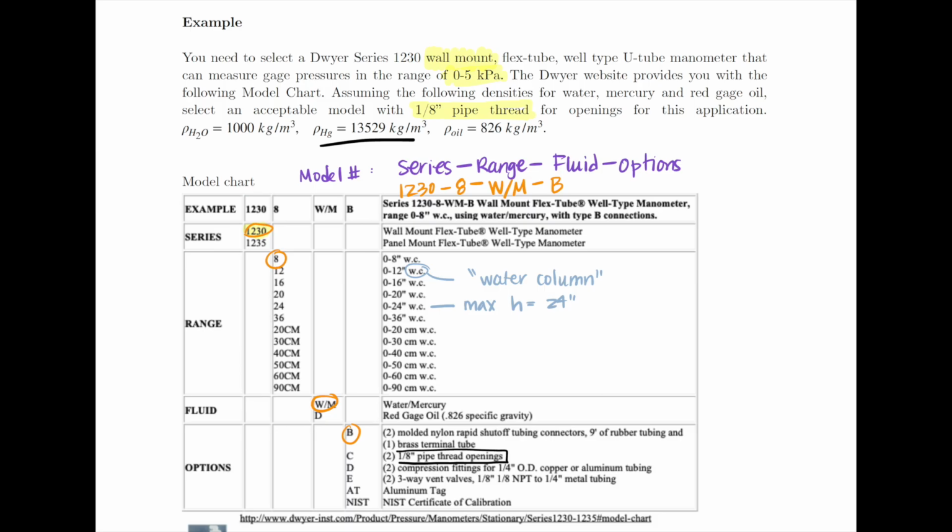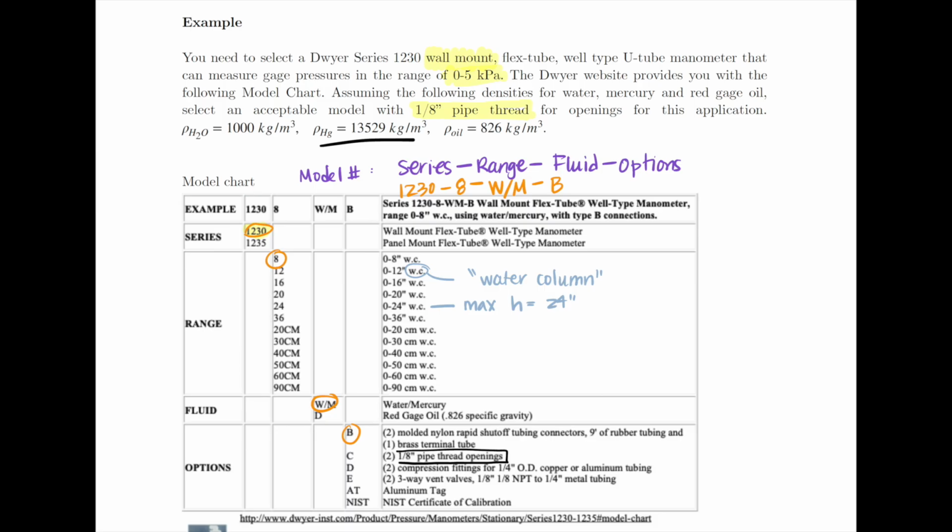So for example, we could have a part number that selects these things, and it would look like 1230-8-WM-B. Okay, that makes sense? That's kind of how you use the chart.